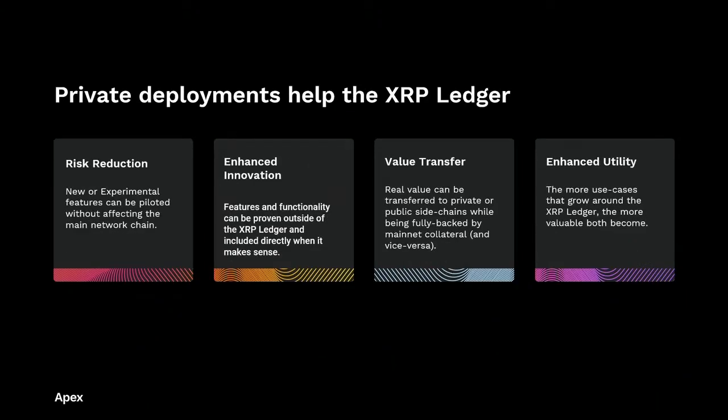But what about the other side? Why is this good for the XRP Ledger? Well, one is risk reduction. So the ledger's been running for a very long time without outages. It's very secure, and that goes to the brand of XRP and the XRP Ledger. So it's natural to want to go a little slow. We want to protect that investment of what we have now. But we do want to be able to innovate.